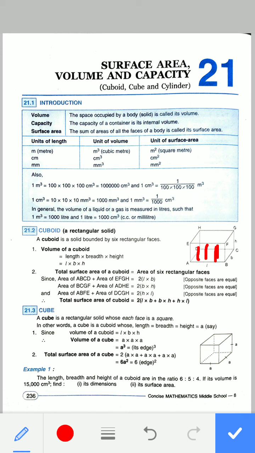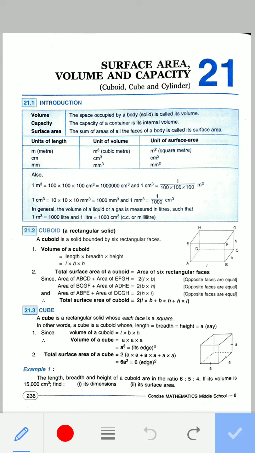How many rectangles of this kind do we have? Two, because there is one over here and another opposite to this. So 2 into L into B is the total area of this shaded surface, this one and this one.